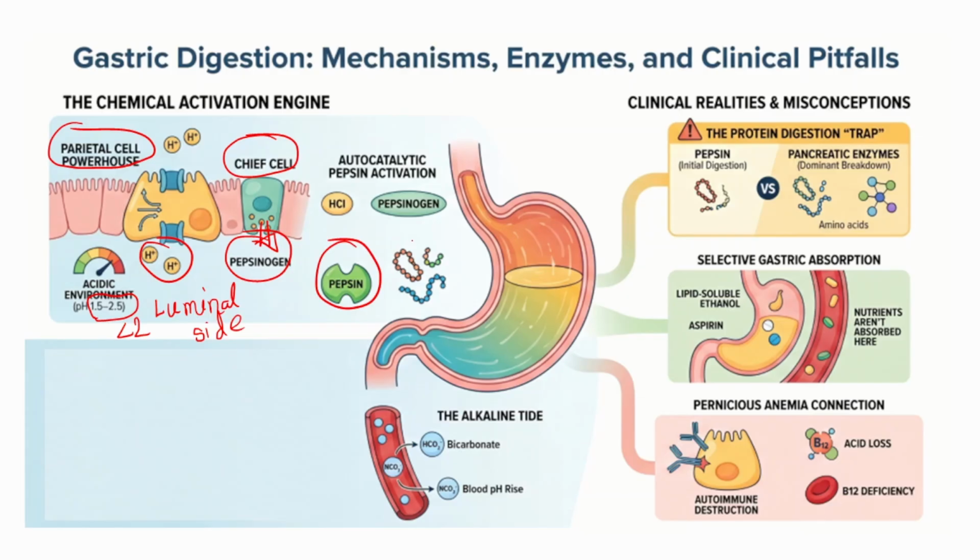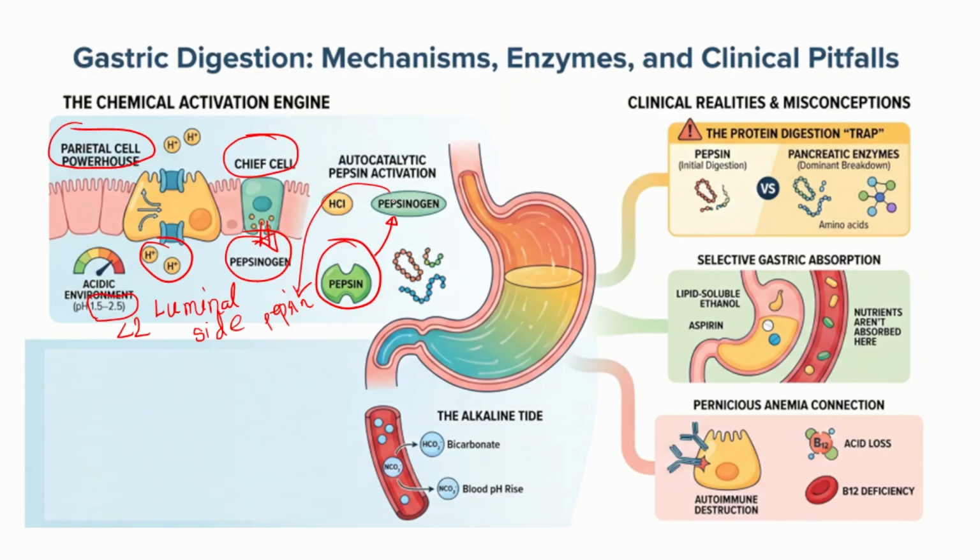Once initial pepsin molecules are formed, they interact directly with remaining pepsinogen molecules to accelerate this conversion via autocatalytic pepsin activation. That means pepsin does the role of activating other pepsinogens. So we can write: pepsin reacts with pepsinogen and it creates more pepsin, like this.